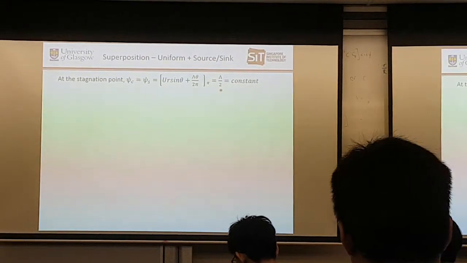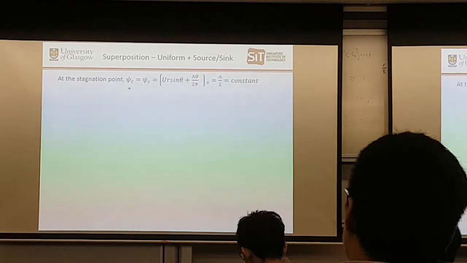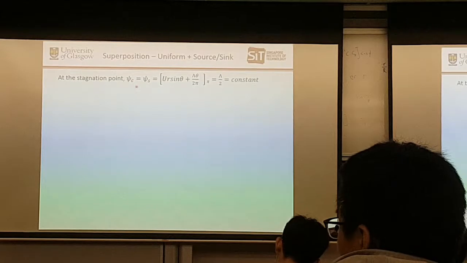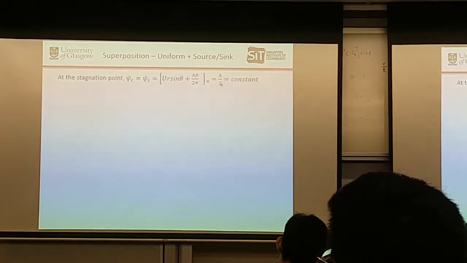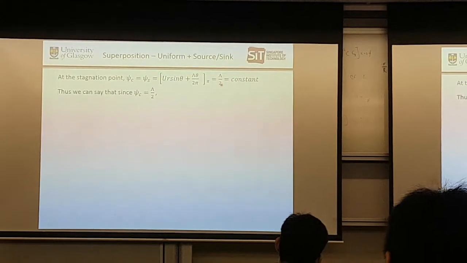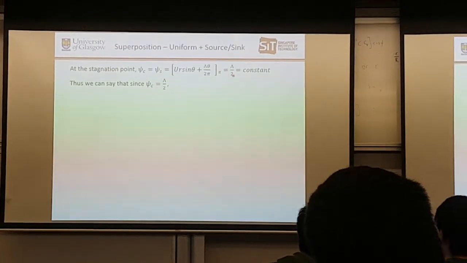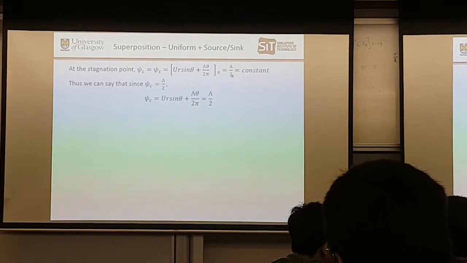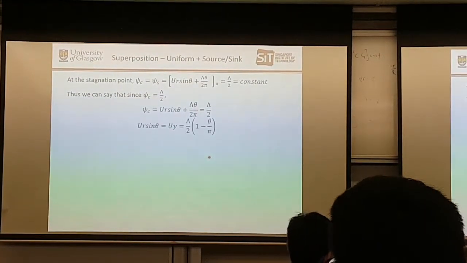So this is a classical value, a theory. If I want to find the stream function at the stagnation point of a uniform plus a source flow, it's always equal to this value. Therefore, since at the stagnation point the stream function is equal to the source strength over 2, we can simplify this further by having this equation here.